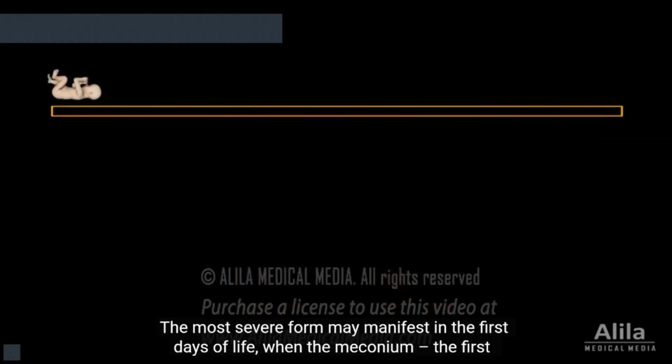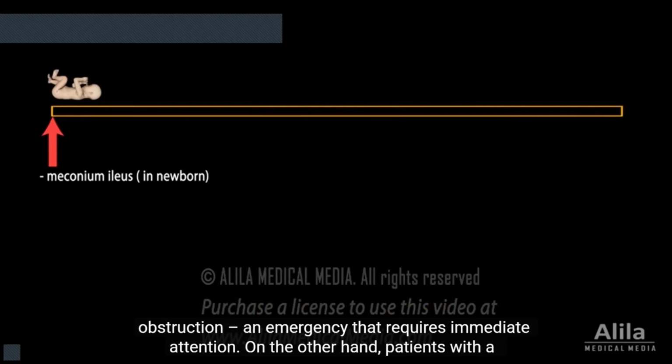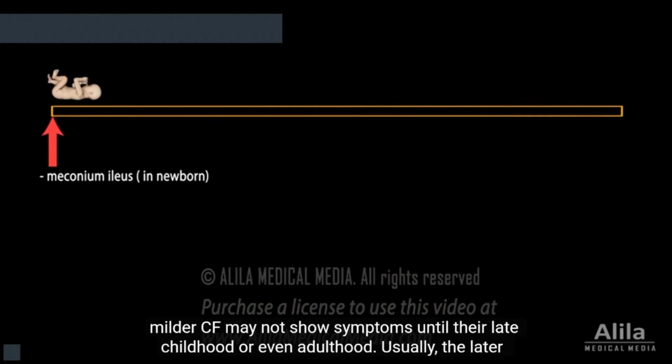The most severe form may manifest in the first few days of life when the meconium, the first stool of the newborn, is so thick and sticky that it is unable to pass, resulting in bowel obstruction, an emergency that requires immediate attention. On the other hand, patients with a milder CF may not show symptoms until their late childhood or even adulthood.